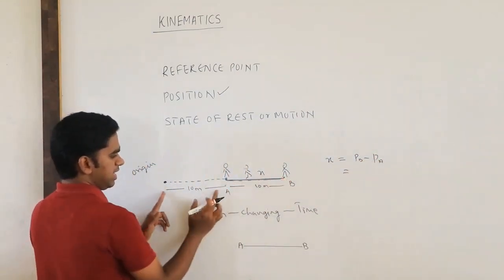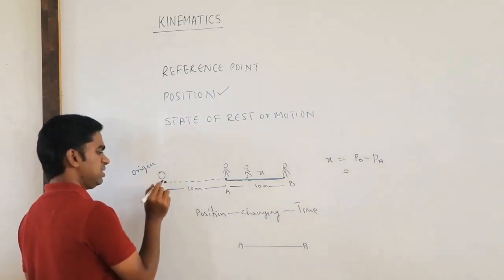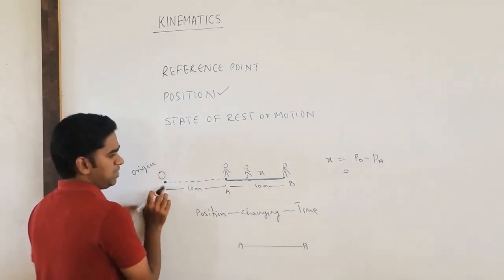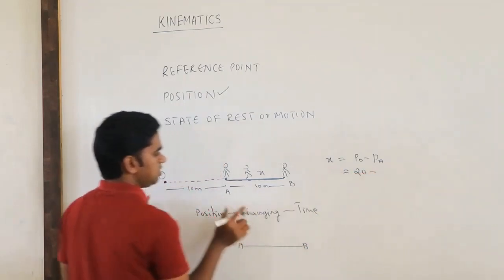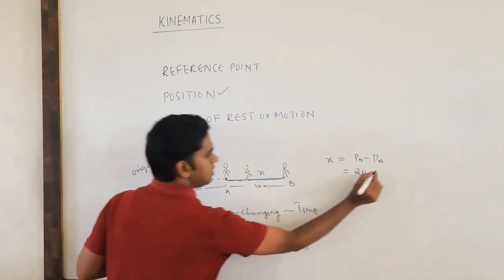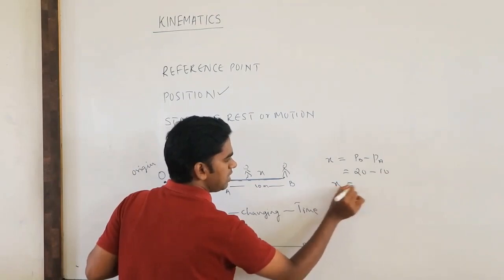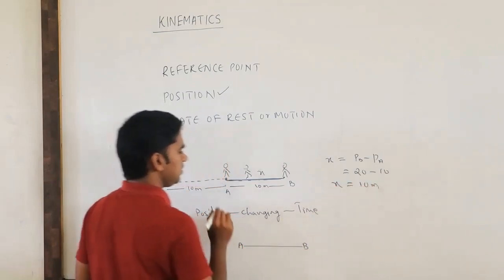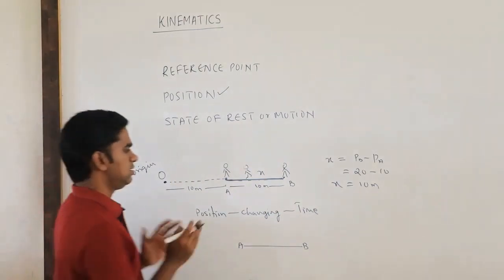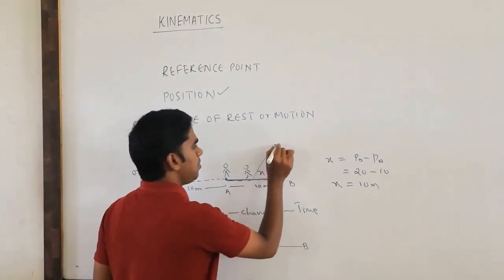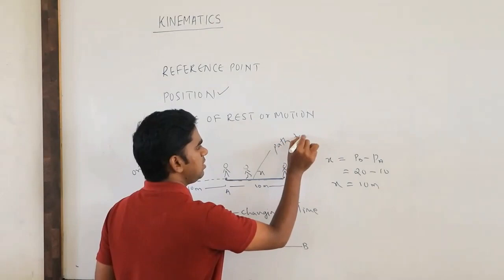Position of B is 10 plus 10, because your origin is here. So from here to here the distance is 20, minus the position of A, which is 10. You will get 10 meter. So this 10 meter is nothing but the path traveled by the person.